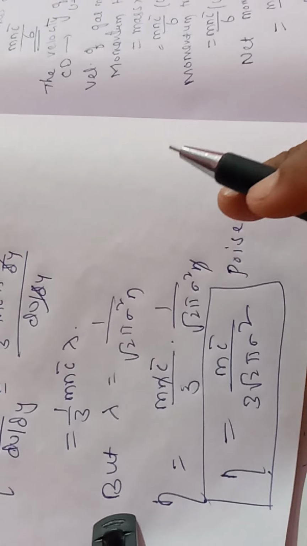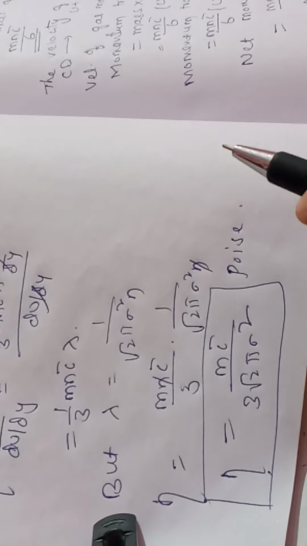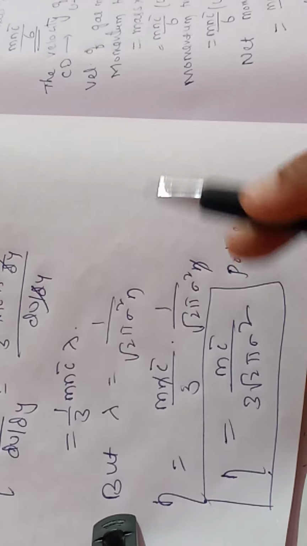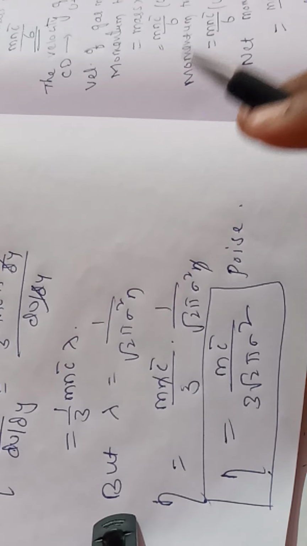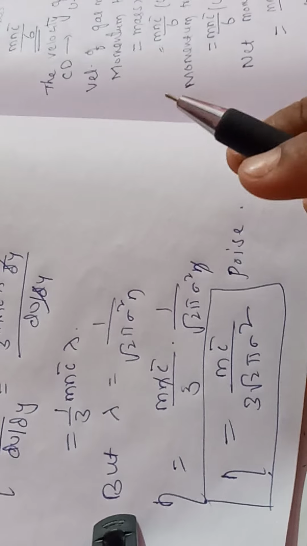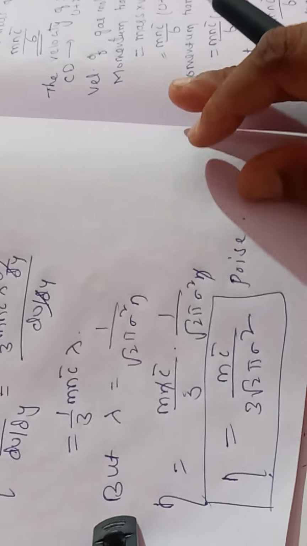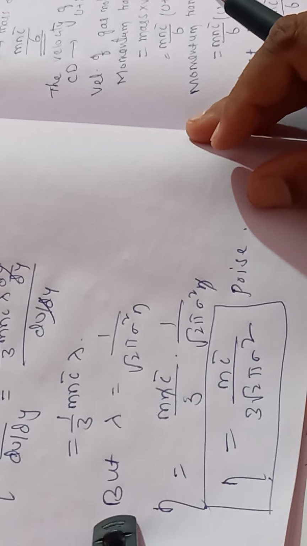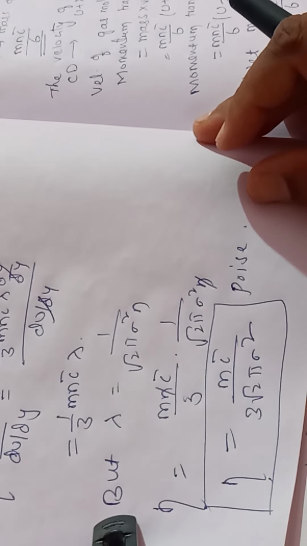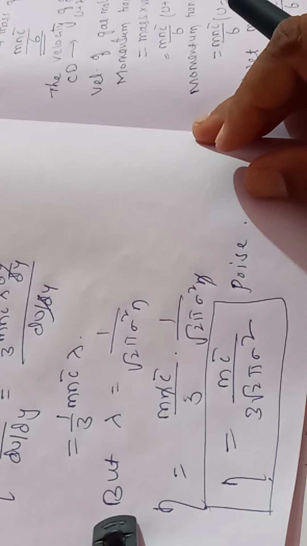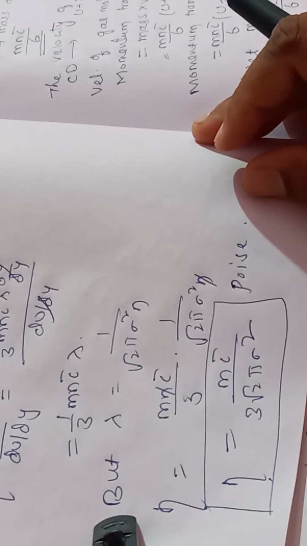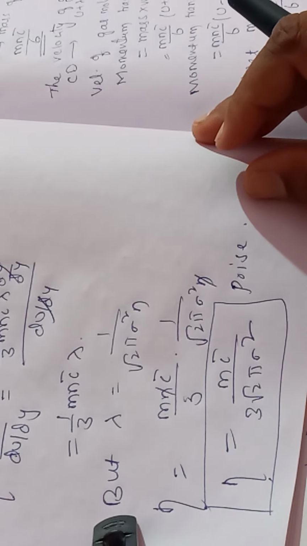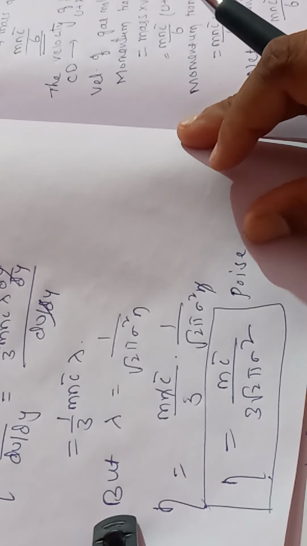For that, momentum transfer takes place between the layers, and that momentum transfer gives rise to the tangential force, and that tangential force opposes the relative motion between the gas layers. That property we call viscosity. And the coefficient of viscosity is nothing but the tangential force per unit area per second when a unit velocity gradient is maintained between any two layers of gas. Thank you.